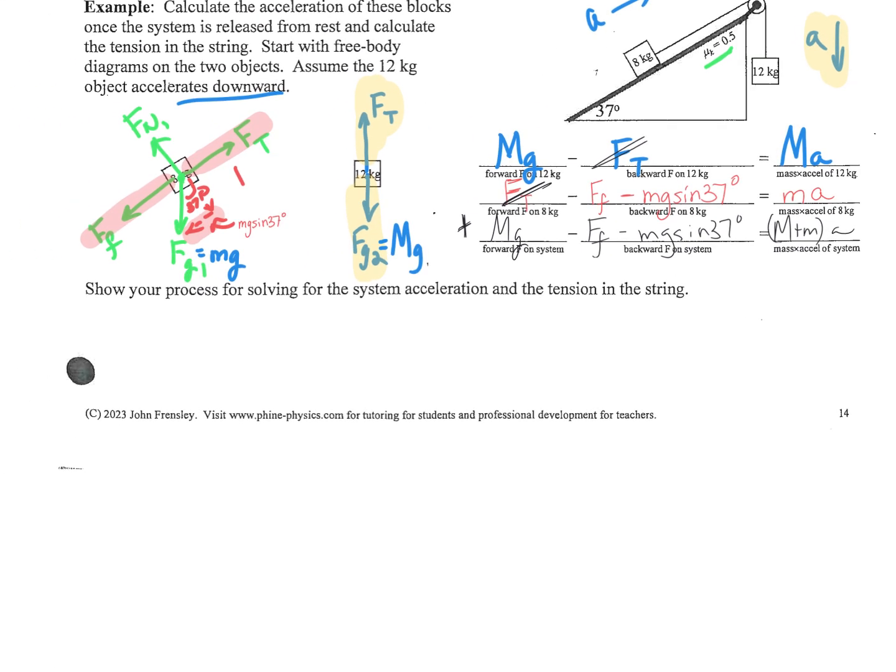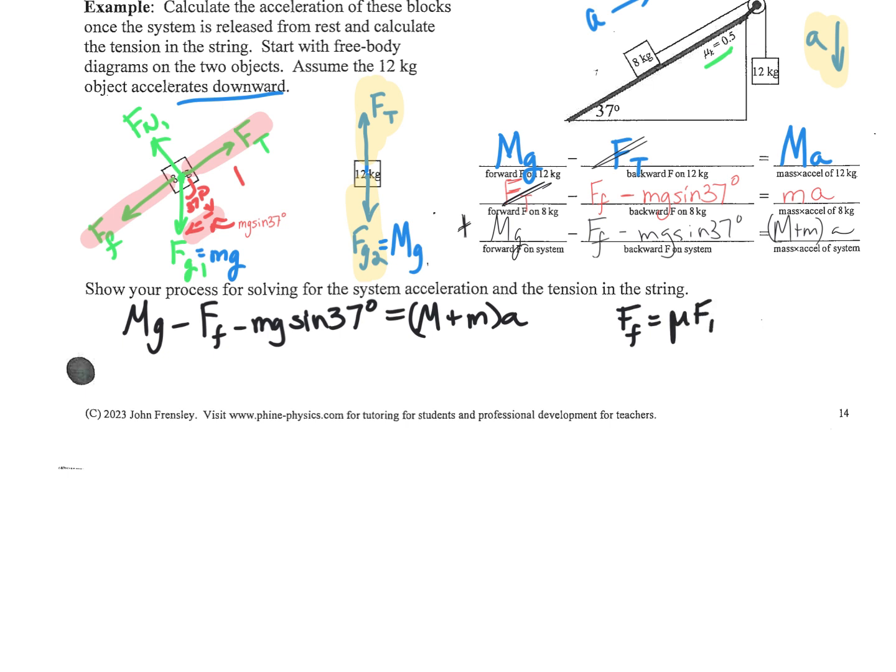So now it says show your process for solving the system acceleration and then the tension of the string. Okay. So we have big mg minus the force of friction minus mg sine 37 degrees equals big M plus little m A. So now the first thing we need to know is that the force of friction is equal to mu times the normal force, correct?